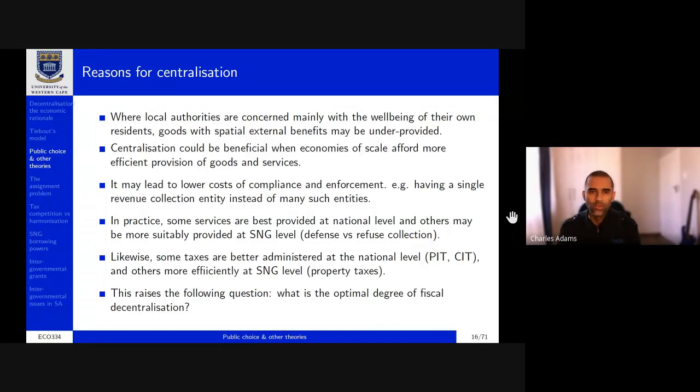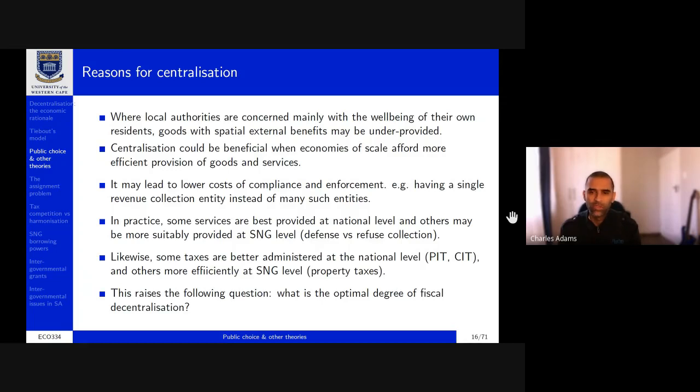But there are also good reasons for centralization. Where local authorities are concerned, for instance, mainly with the well-being of their own residents, goods with external benefits may be underprovided, right? So if the Western Cape provides some good or service that has an external benefit for surrounding provinces, they may be less inclined to fund that activity, right?